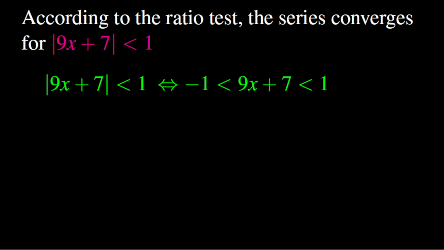According to the ratio test, the series converges if the absolute value of 9x + 7 is strictly less than 1. This is equivalent to the inequality -1 less than 9x + 7, and 9x + 7 less than 1. We distribute -7 to all sides of the inequality, and obtain a new equivalent inequality, -1 plus -7 less than 9 times x, and 9 times x less than 1 plus -7.